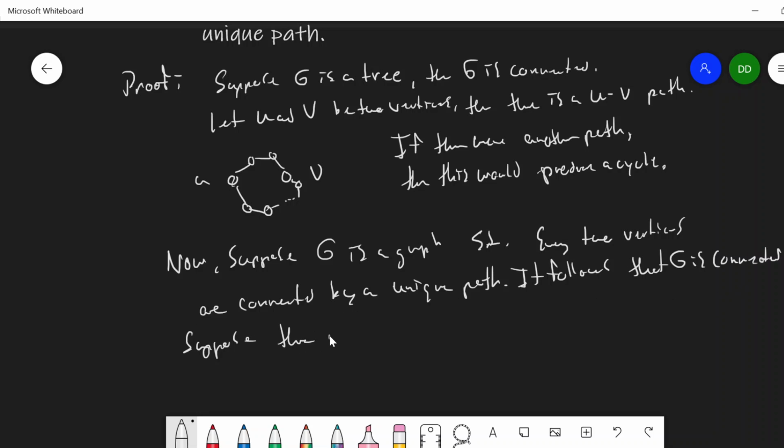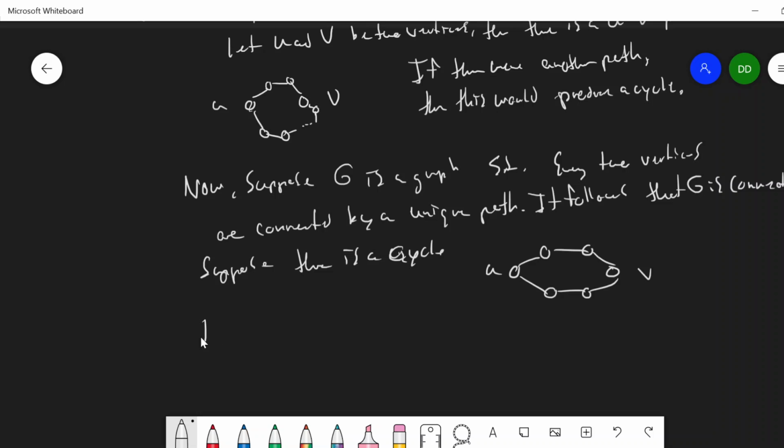Suppose there is a cycle, say containing two vertices U and V, then I have a situation like this. Then there are two UV paths, which contradicts our assumption that any two vertices are connected by a unique path.